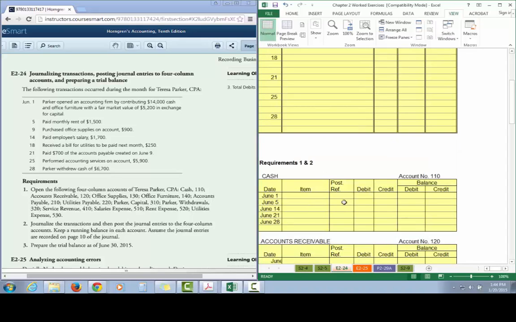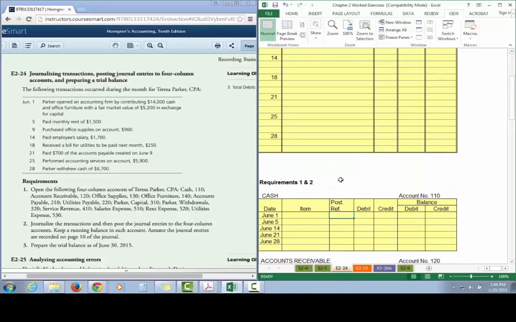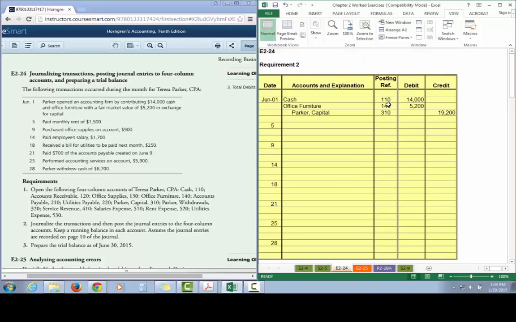And then when we come down here and post it to the T accounts, that would be our journal entry reference here, so that we would know which journal entry it is and where we could look for supporting documentation, okay? But we'll follow along with what your book is asking you to do right now, and then go from there, okay? So that was the first transaction.